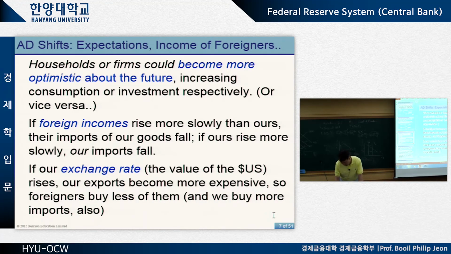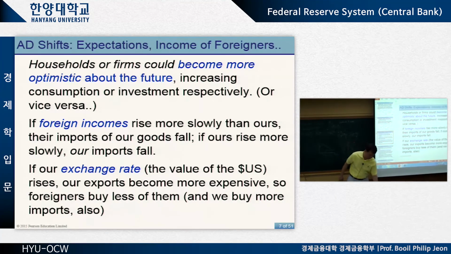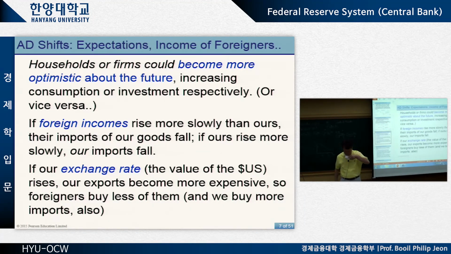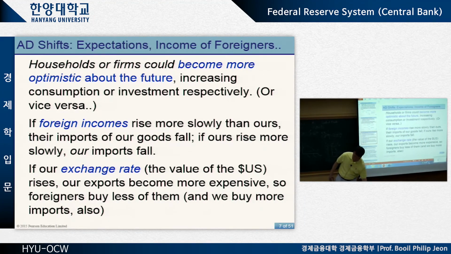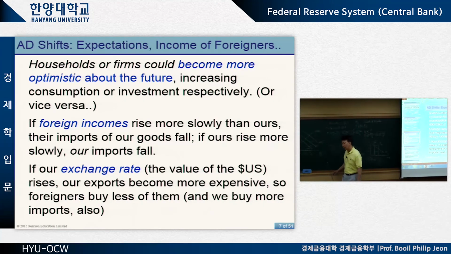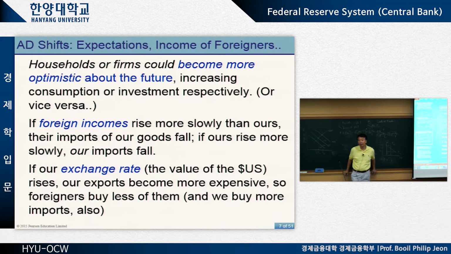All right, expectations can affect or shift aggregate demand. If people in general have an optimistic view of the future, if they expect a better or stronger economy in the future, then first of all, the businesses will invest more.